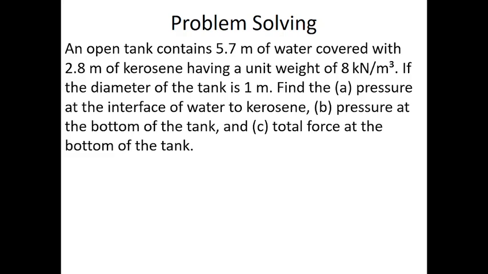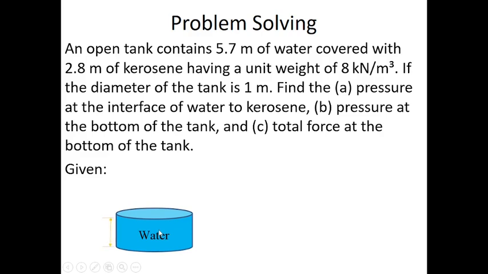So let us analyze the problem. Given, we have an open tank that contains 5.7 meters of water. So let's say this is water, and the height of which is 5.7 meters, covered with 2.8 meters of kerosene.